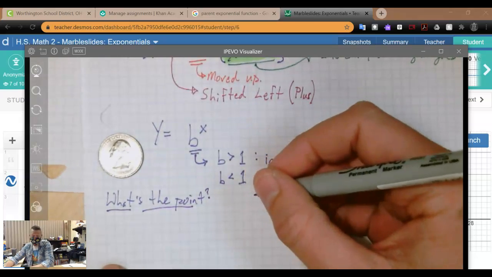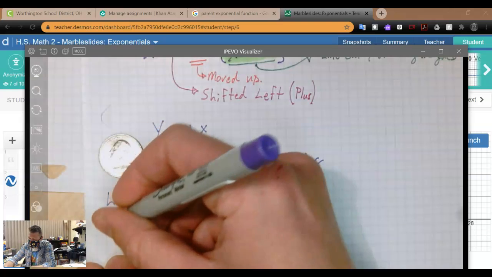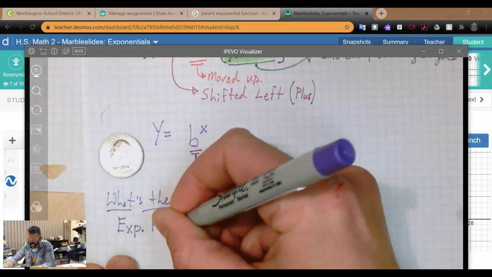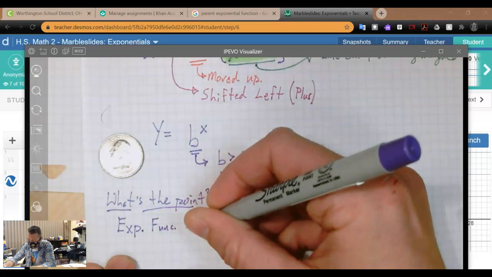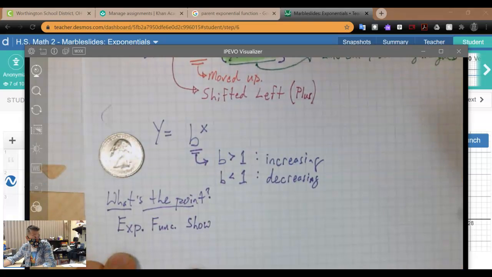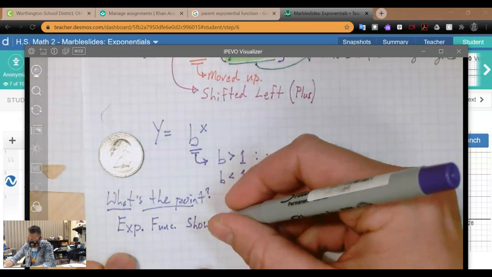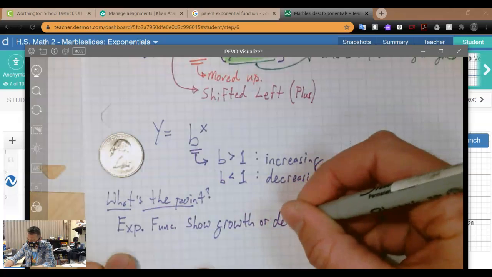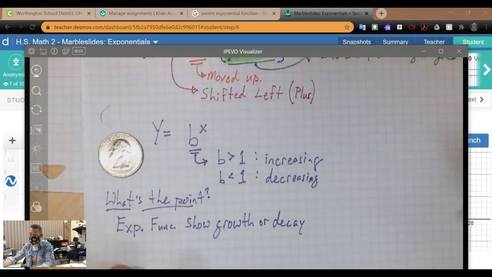Alright, well this is why I would like you to write it down at this point. Exponential functions show growth or decay, and decay really just means like decrease.